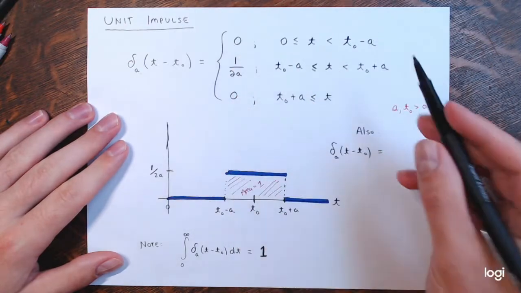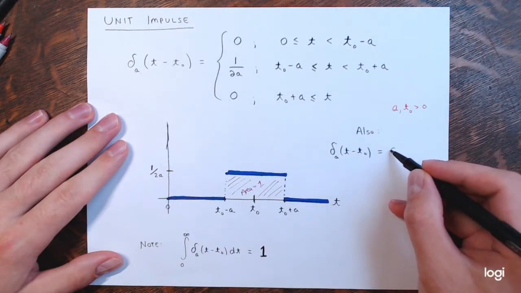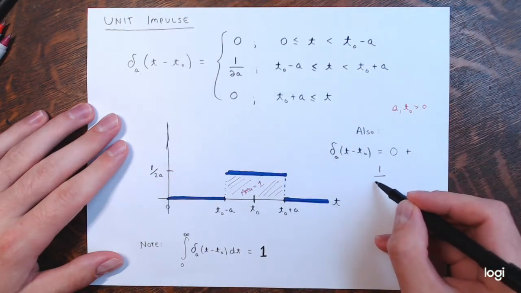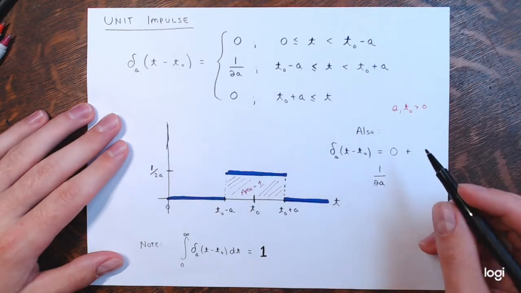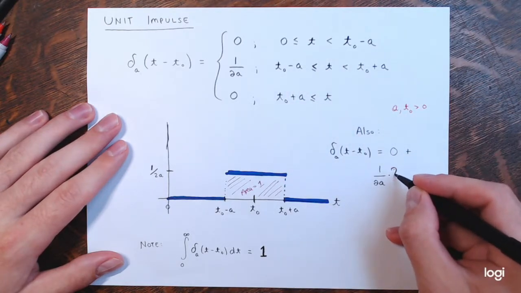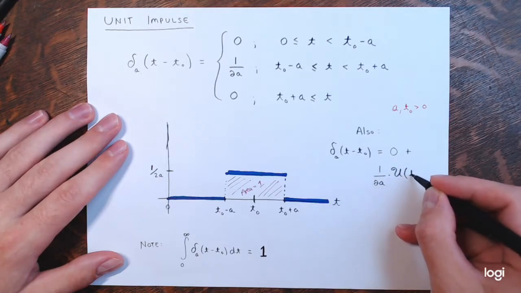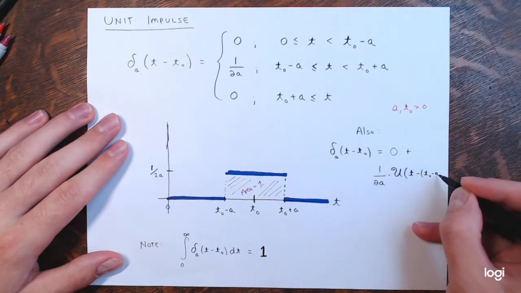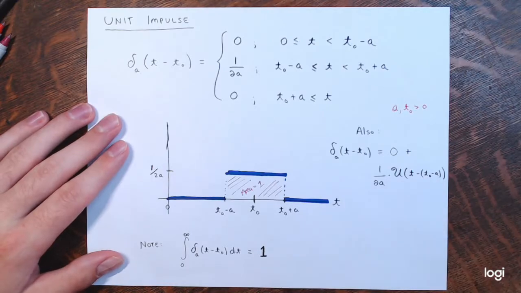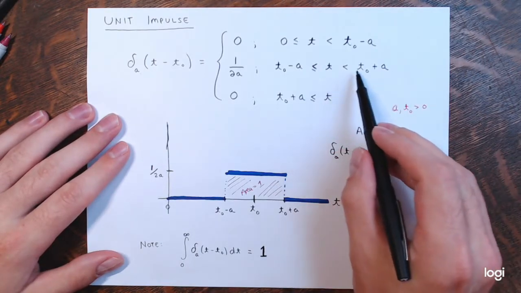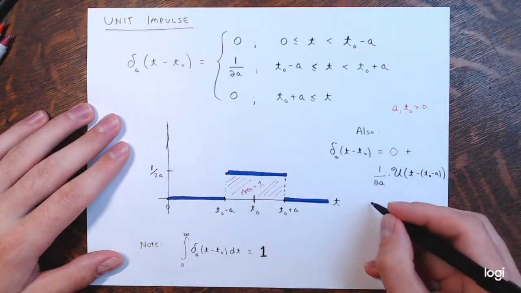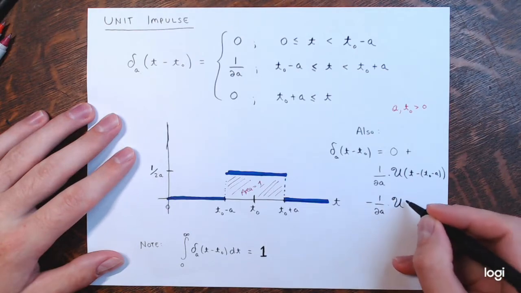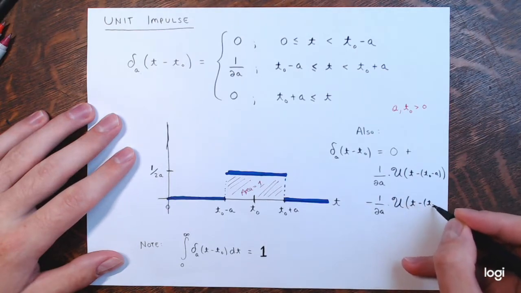Now I could set this up to say, this is 0, and then I'm adding on 1 over 2a, but only beyond t sub 0 minus a, so this is times the unit step function at t minus t sub 0 minus a. And then I take that away after t sub 0 plus a, so I subtract 1 over 2a times the unit step function at t minus t sub 0 plus a.